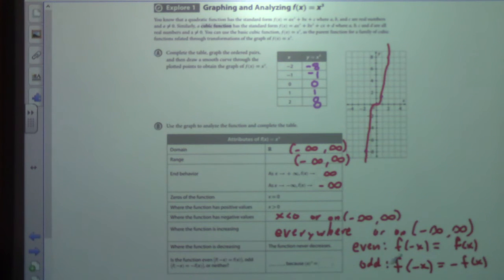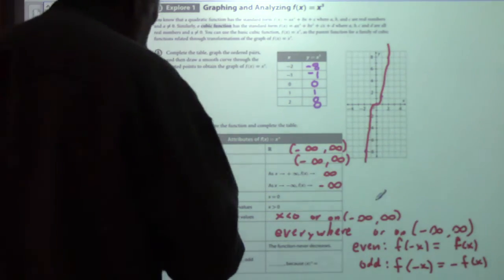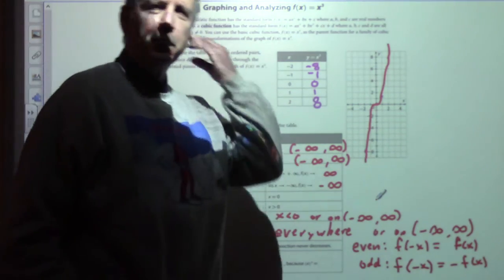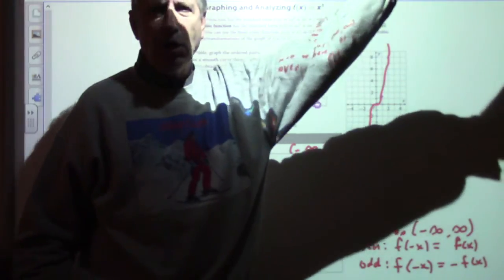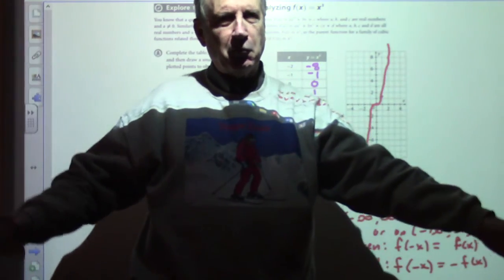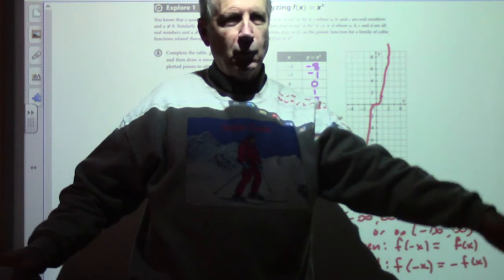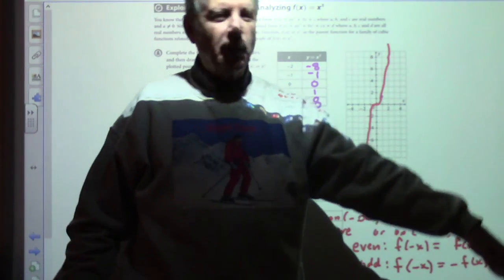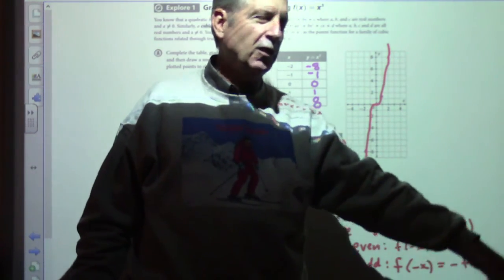So which one is it going to be, even or odd here? Talk about it more with the right? Odd, even. When you guys were out on the field playing football, the cheerleaders were in the stands.